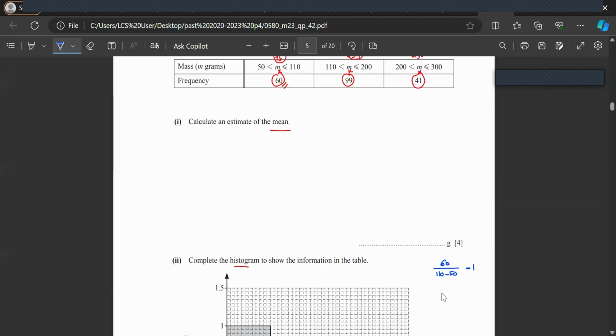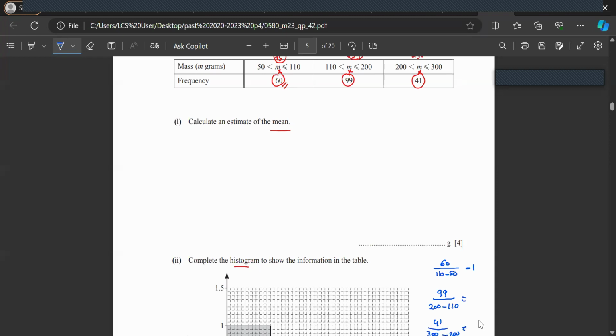So I have here 99 divided by 200 minus 110, and get the answer. And here 41 divided by 300 minus 200.